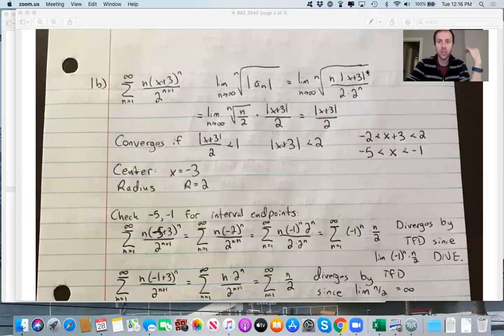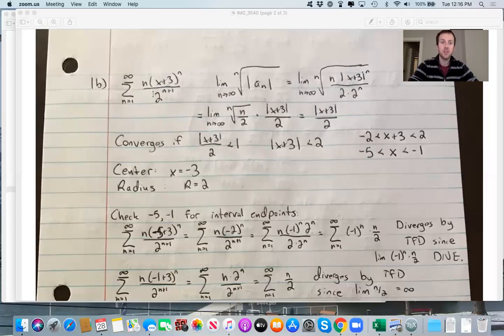The nth powers on this absolute value of x plus 3 and the nth power on this 2, those cancel, giving us this expression, which doesn't have any n's in it at all. So we just get the absolute value of x plus 3. The other part of the fraction, the n over 2, we don't get any cancellation, so we still have the nth root.